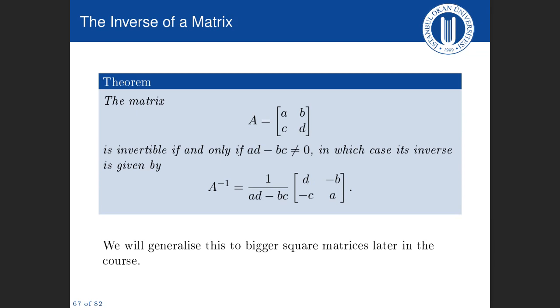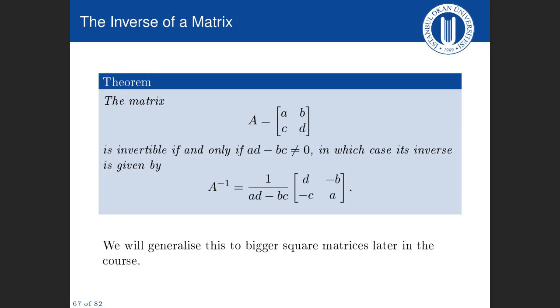Theorem: the matrix ABCD is invertible if and only if AD minus BC is not equal to 0. And in which case, as long as this number is not 0, its inverse is given by this formula. A inverse is 1 divided by this special number, AD minus BC, multiplied by, and look what we do.